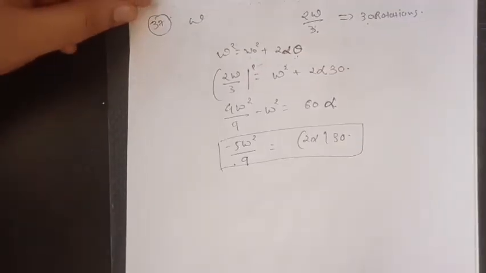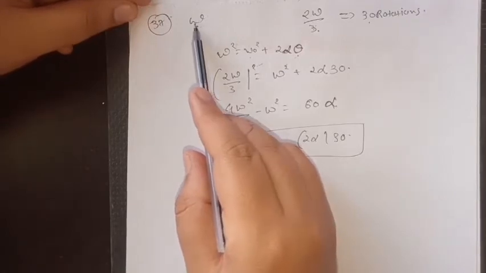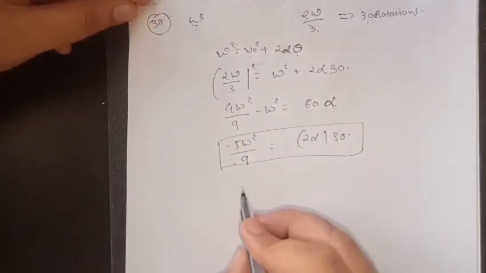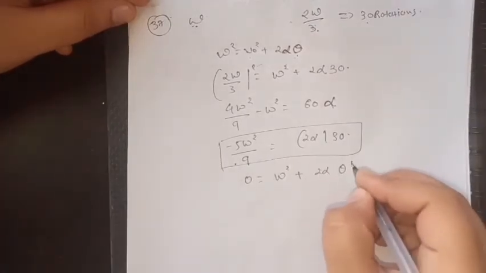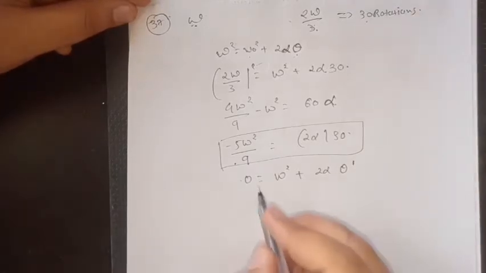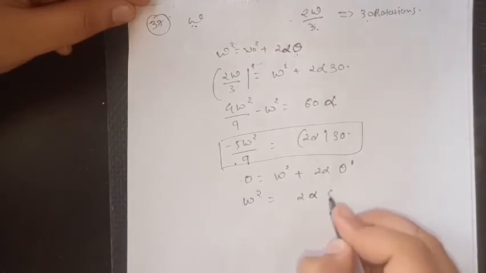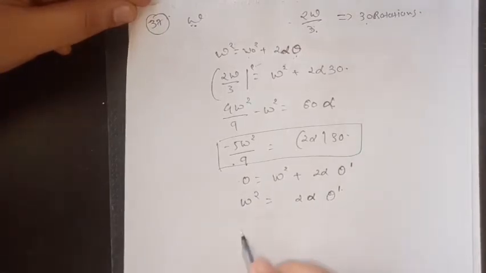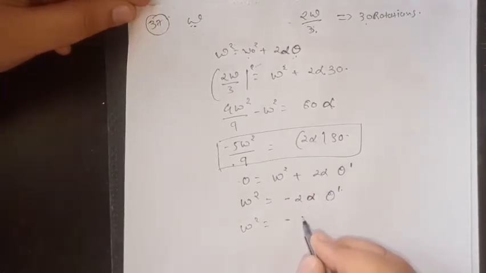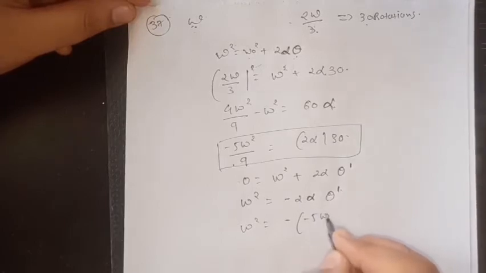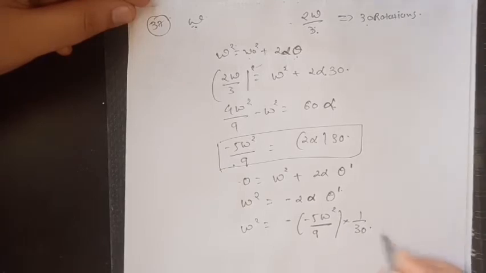Now let us find the number of rotations made by the fan from omega to 0 velocity. So 0 is equals to omega square plus 2 alpha theta dash. So omega square is equals to minus 2 alpha theta dash. The value of 2 alpha will be minus 5 omega square divided by 9 into 1 by 30.